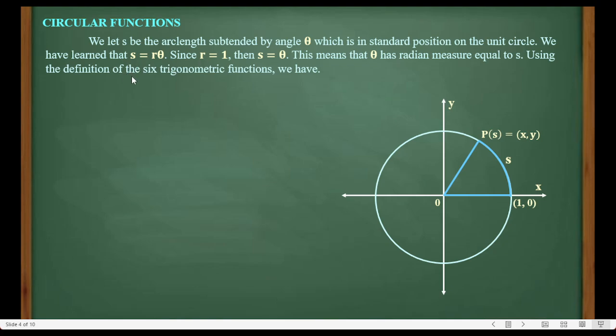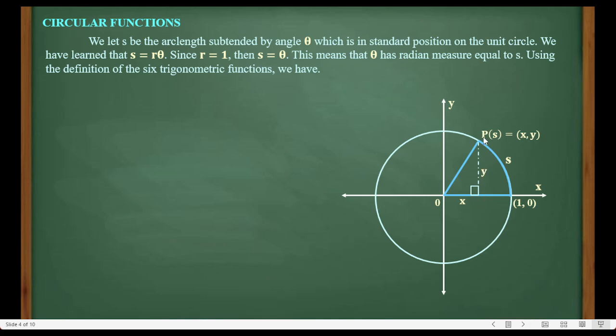Now, using the definition of the 6 trigonometric functions, we have the following. For us to define the 6 trigonometric functions, I think we need to use a right triangle here. So, from this unit circle, at point P, we project a broken segment perpendicular to this segment, which is along the positive x-axis. And you will notice that there is a triangle formed, particularly a right triangle, because this segment is perpendicular to this blue segment.